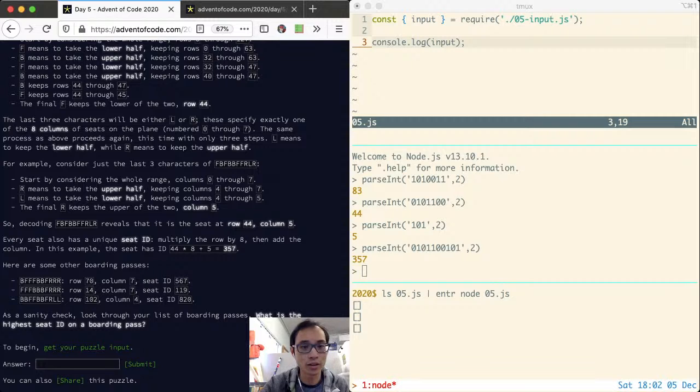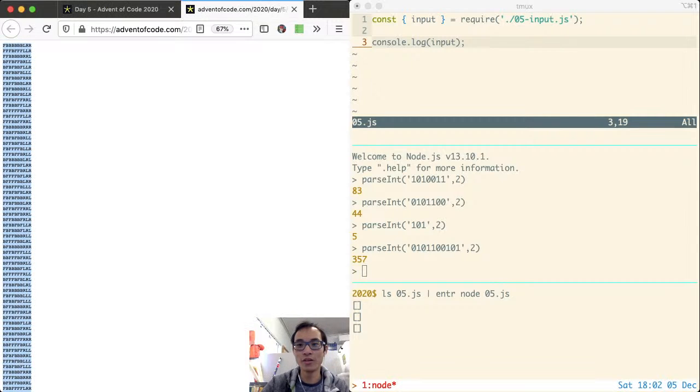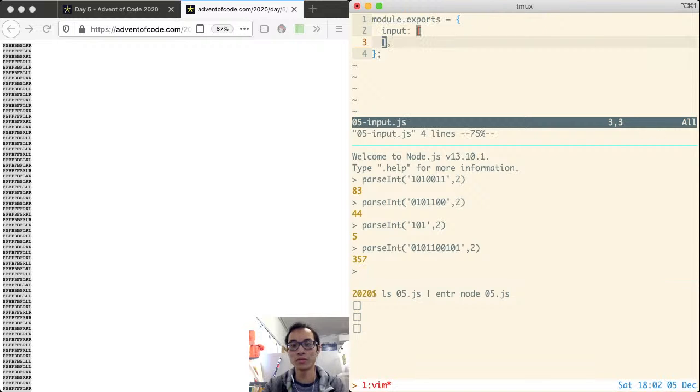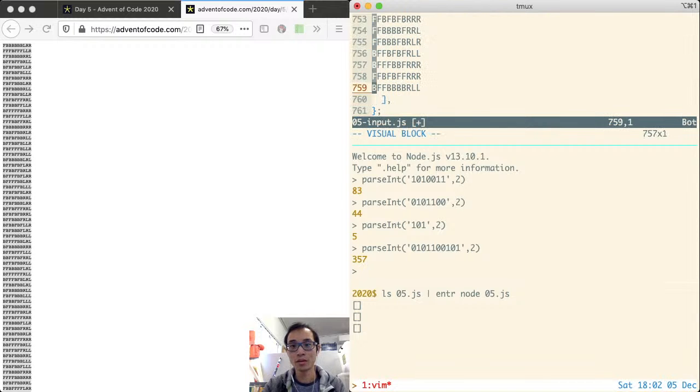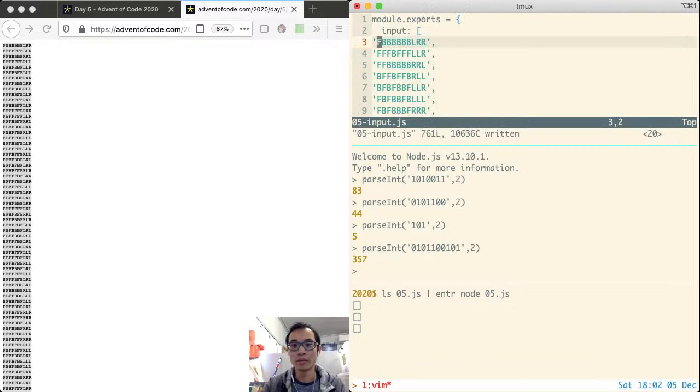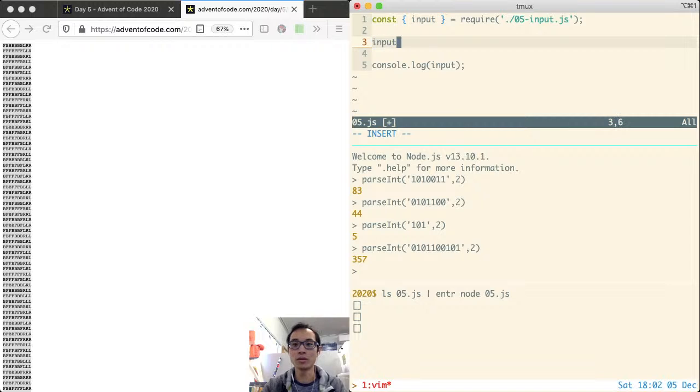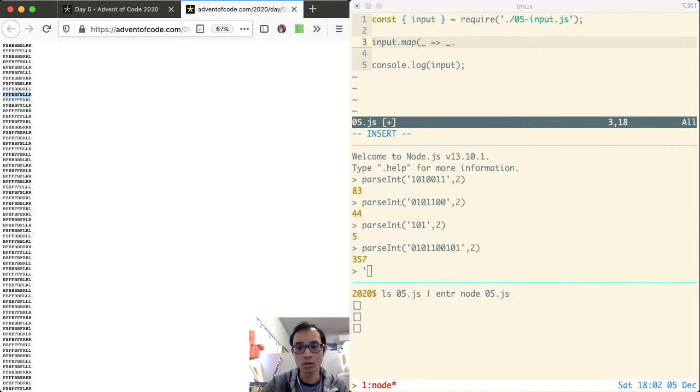Seat ID, right? Okay. Well, that's a very simple challenge once we've realized it's a very long-winded way of basically saying that these are actually binary numbers. So input.map, we want to replace, give me one of these. Oops.